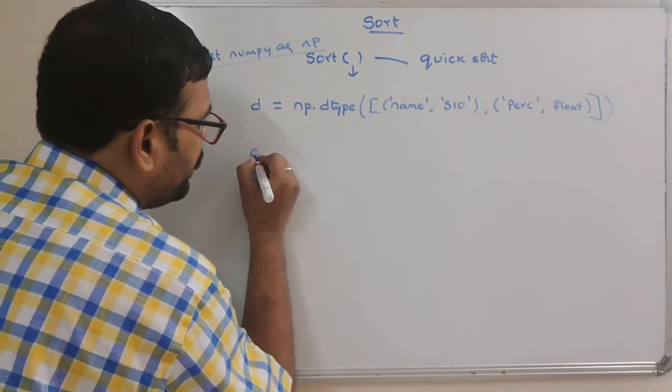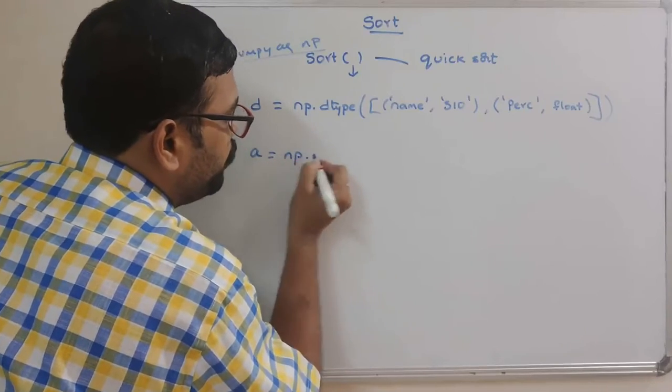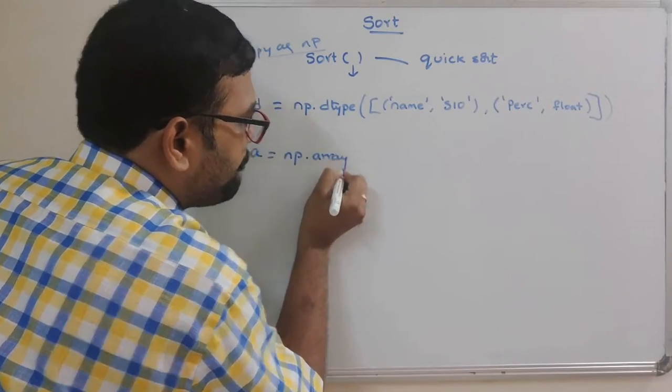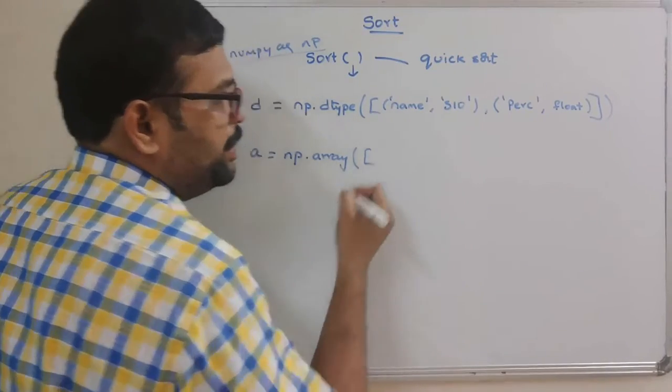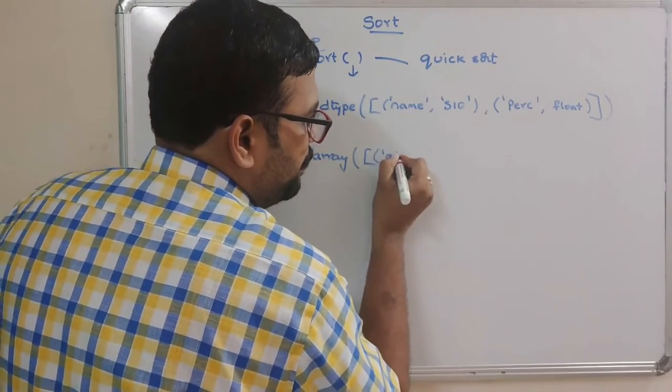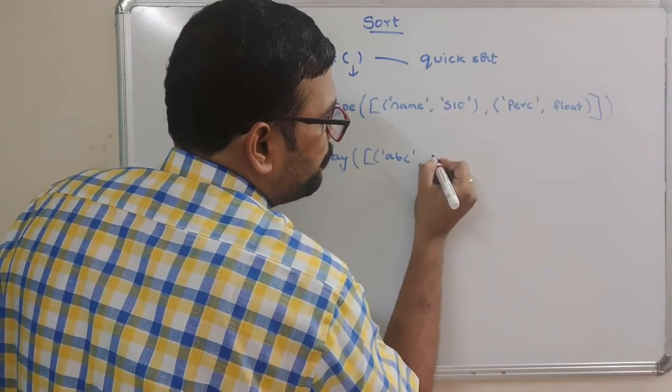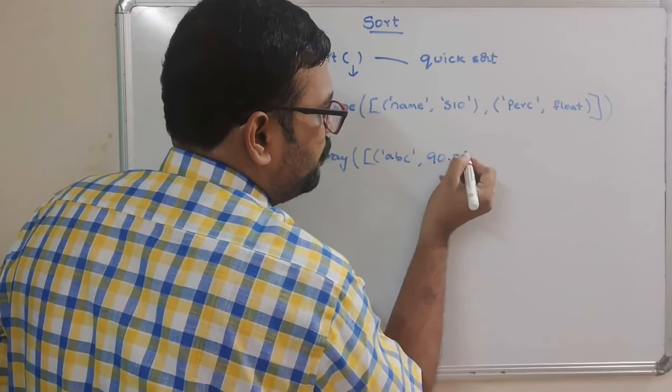I will create an array. A is equal to np dot array of, and I will take the elements. Some A, B, C, and give the percentage, some 90.5.